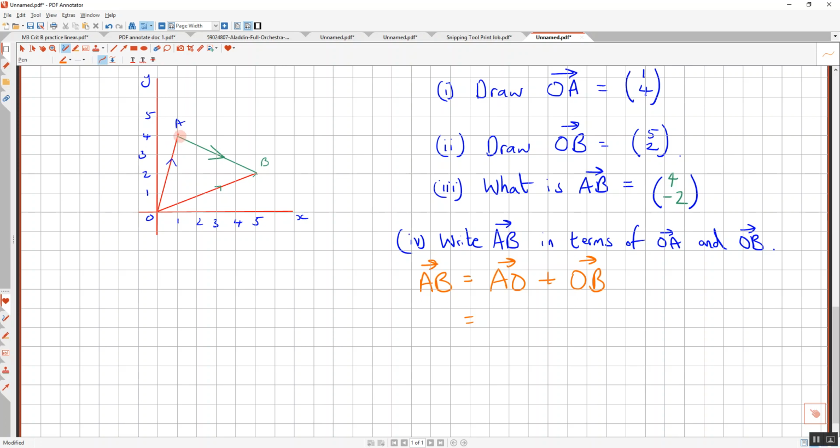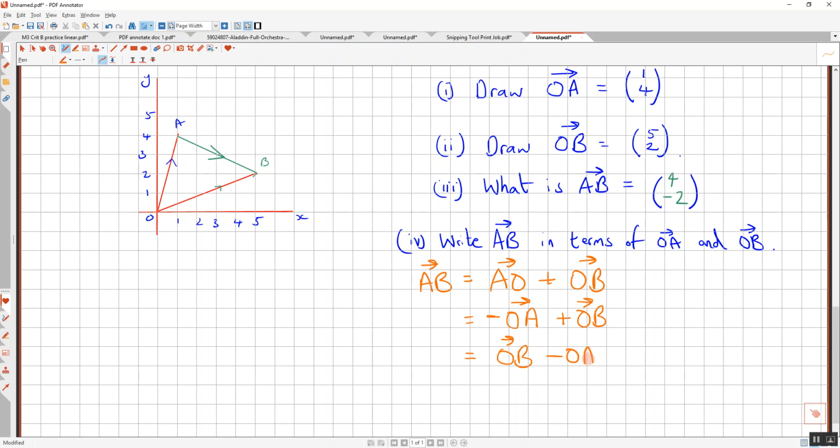Yeah, I'm going in the opposite direction of O to A. So how can I write this in terms of O to A? Yeah, minus O to A. Yep, because I'm going in the opposite direction. And then to tidy it up a little bit, I'll just put O to B first.